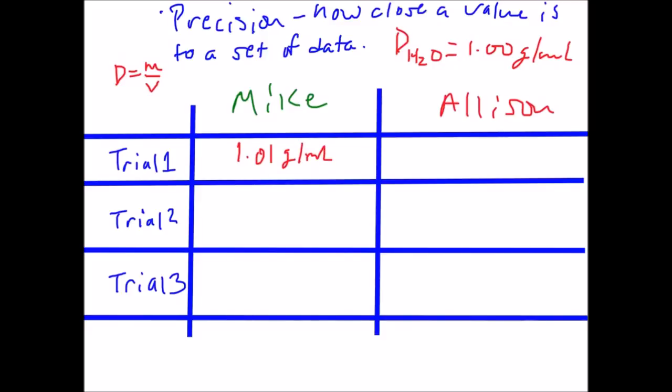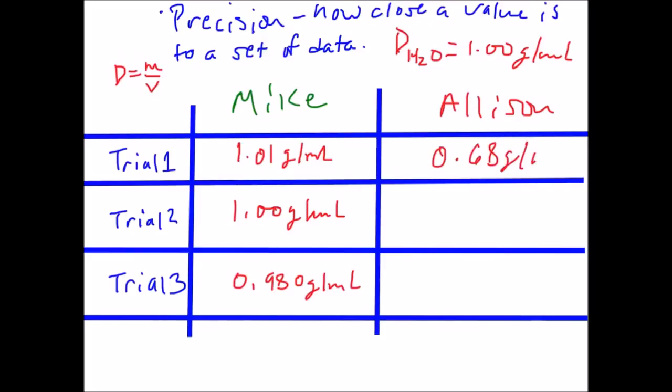And then he does the trial again with a new mass and a new volume of water, and he gets 1.00 grams per milliliter. And then he does it again, and he gets 0.980 grams per milliliter.